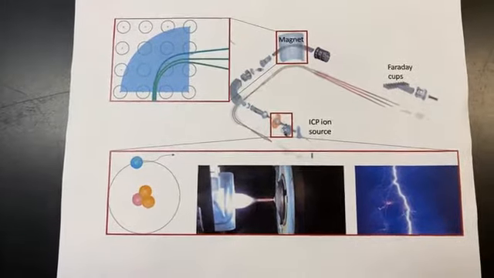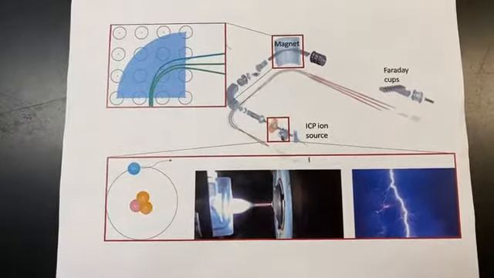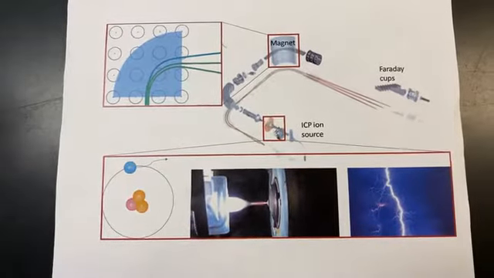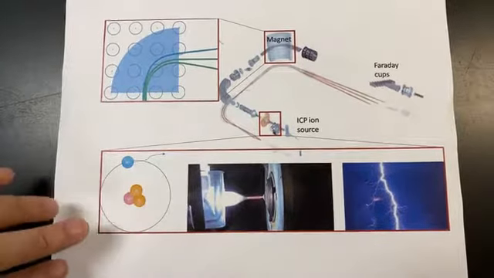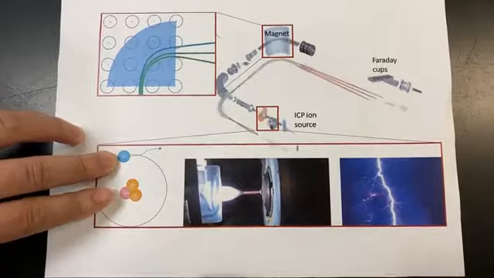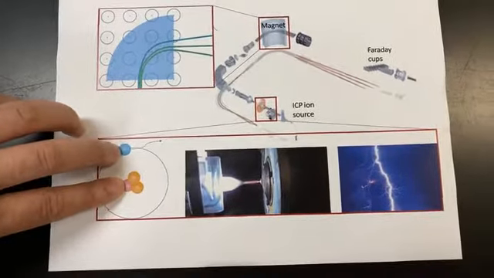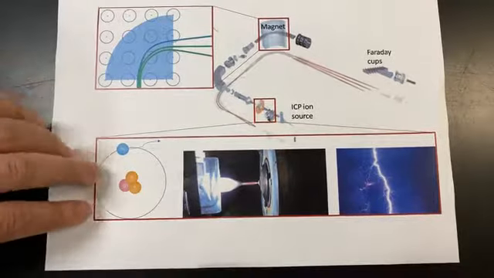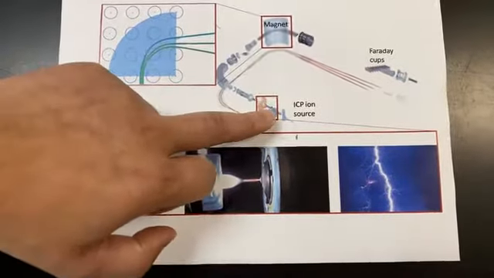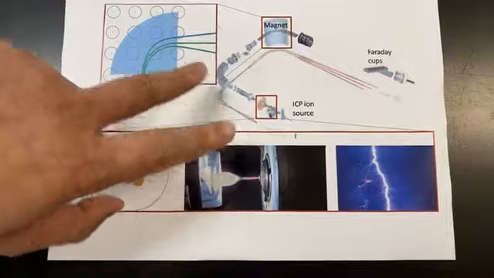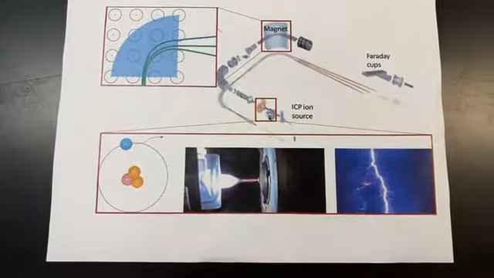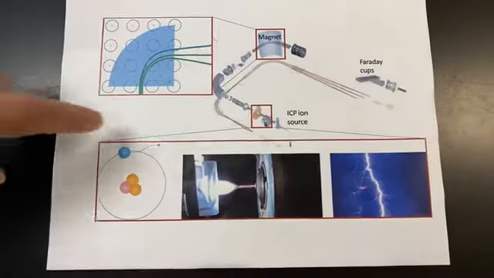This plasma is at a very high temperature, like 8,000 degrees, basically the same temperature as the surface of the sun. This plasma will knock off the electrons from the atoms and make these silicon atoms and lithium atoms charged. And then we accelerate these charged ions with a very high electrical voltage, 10,000 volts, to very high speed.